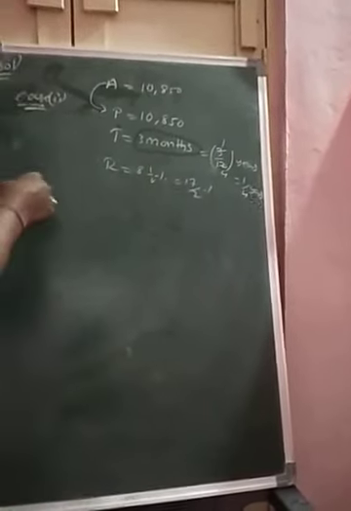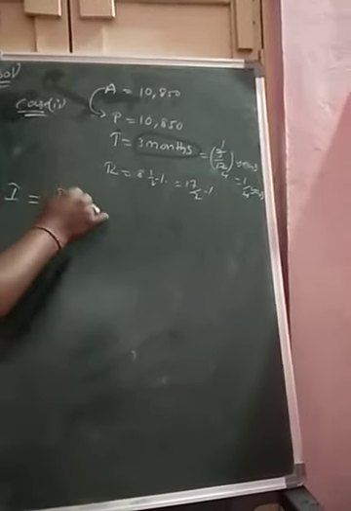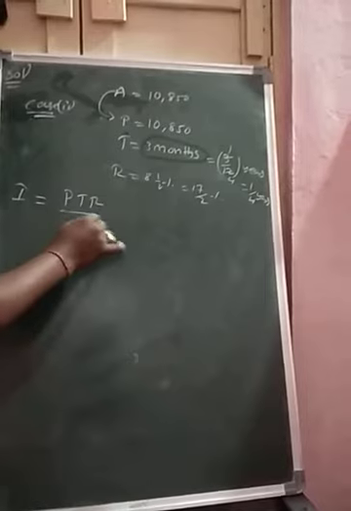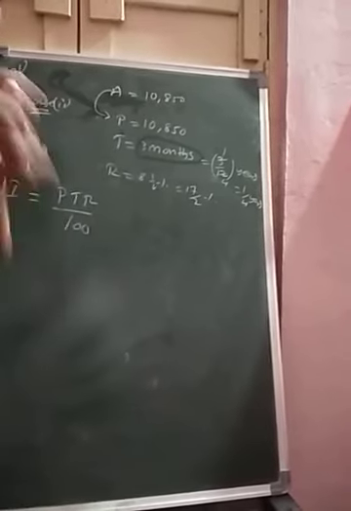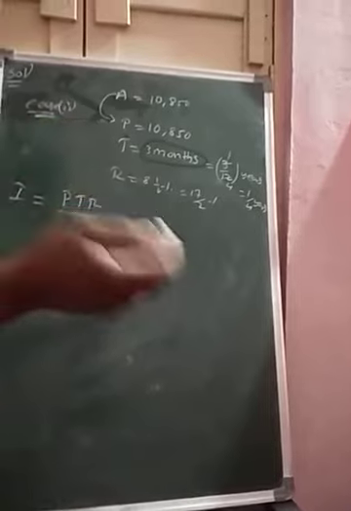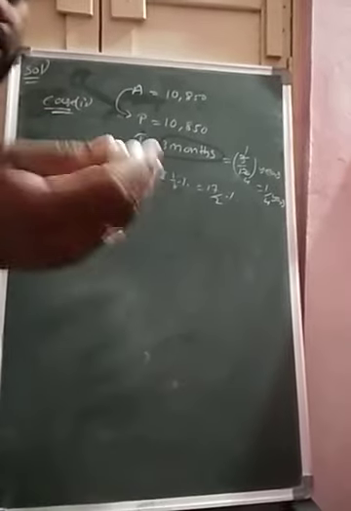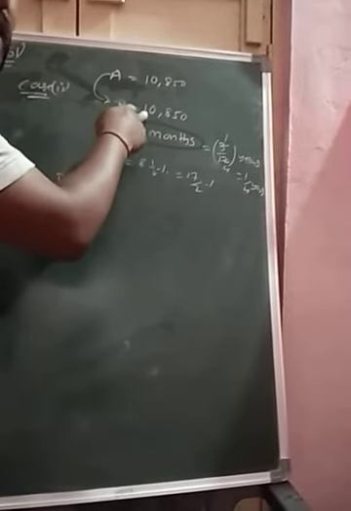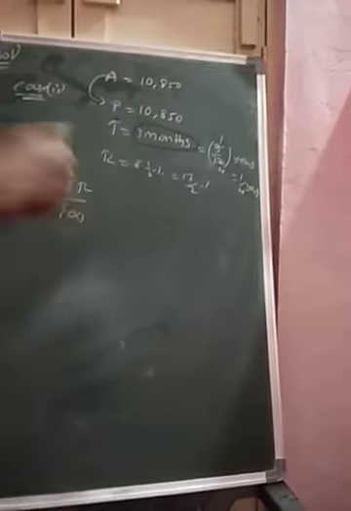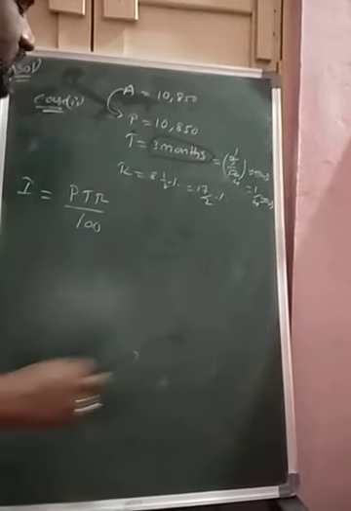Now again I am finding interest. Interest is equal to PTR by 100. Children, observe that the principal amount is 10,000 only. In case 2, after 1 year the additional amount 850 is also added into the principal, and we are earning interest on interest. So that is the compound interest actually.